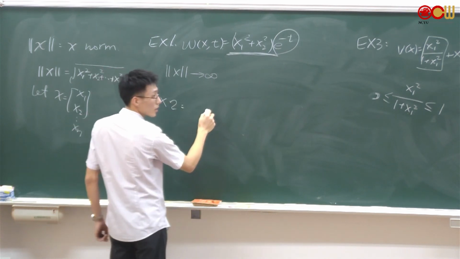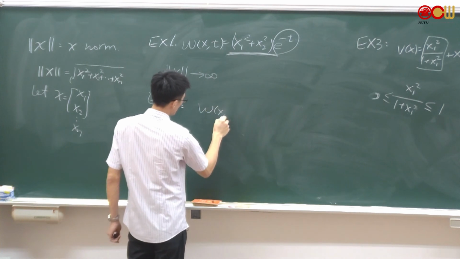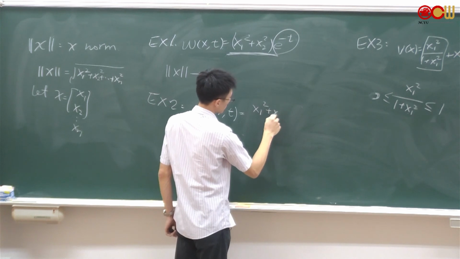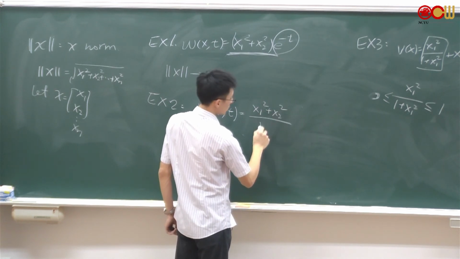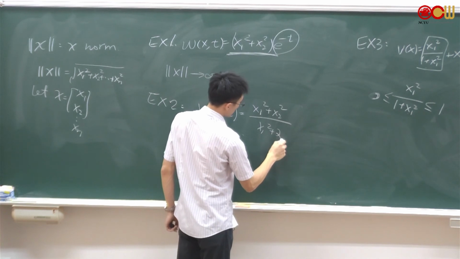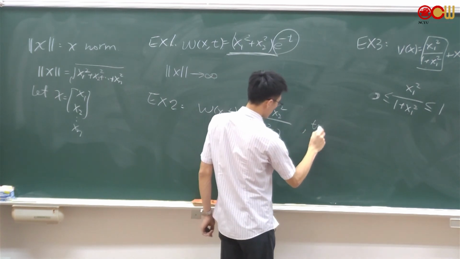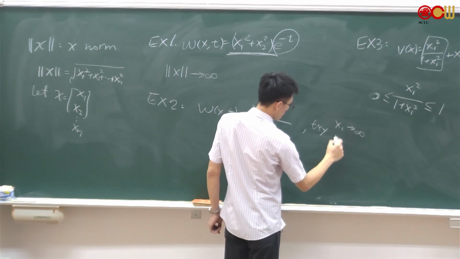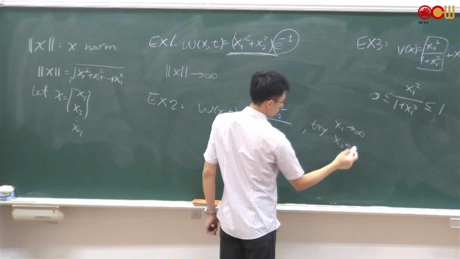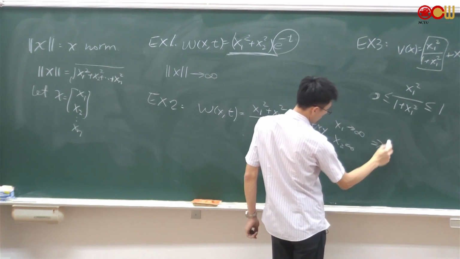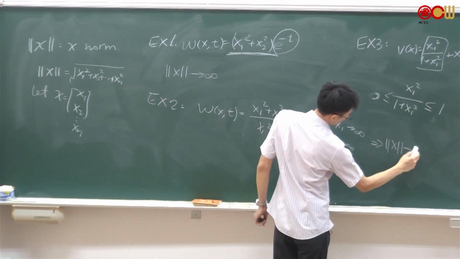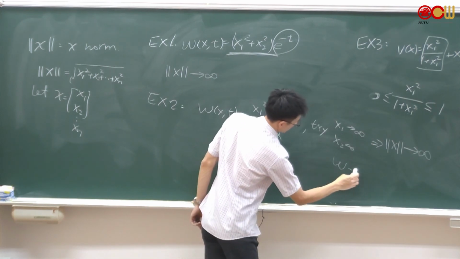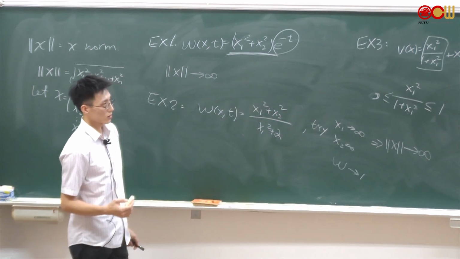You can try x1 going to infinity, x2 0, which gives you the x norm going to infinity, but W goes to 1, so it's not radially unbounded.